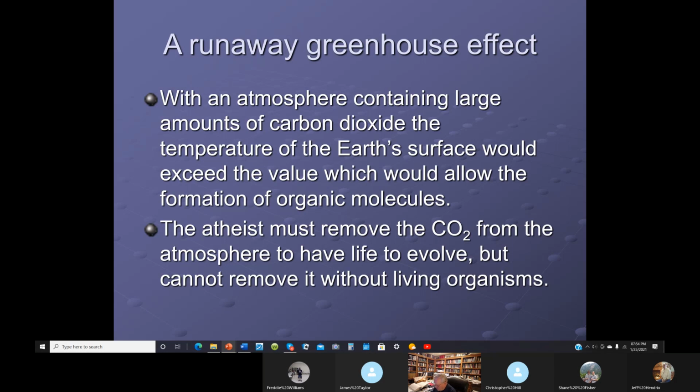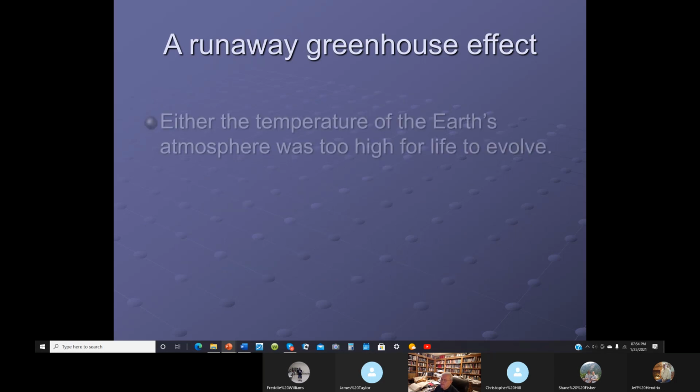So you have to have living organisms to remove the carbon dioxide, but if the carbon dioxide is there, life can't evolve. It's too hot. Again, I think they're in a catch-22 situation, the atheists are.